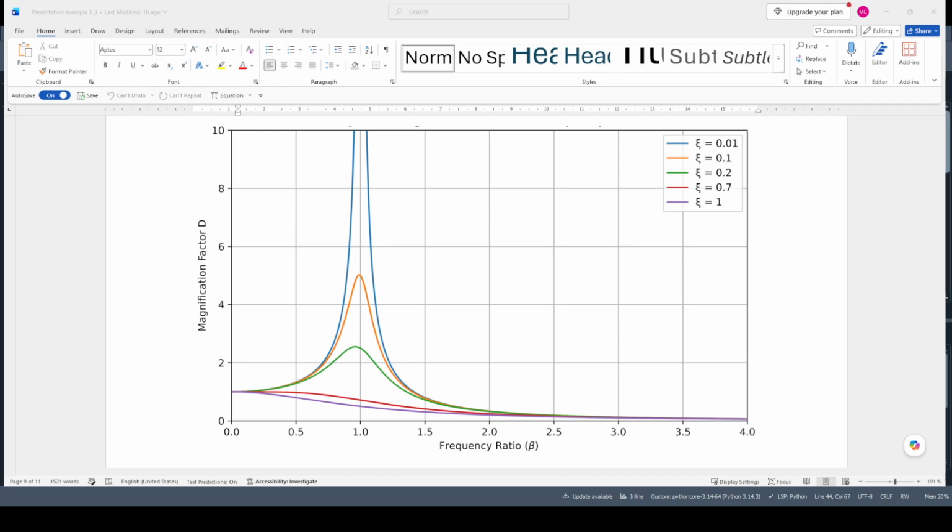So we obtain the curve in this way, where on x there is the frequency ratio beta, and here there is the plot of the curve for different xi. What can we say about this curve?